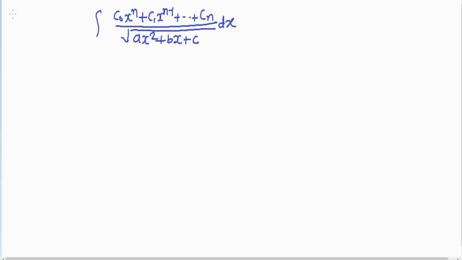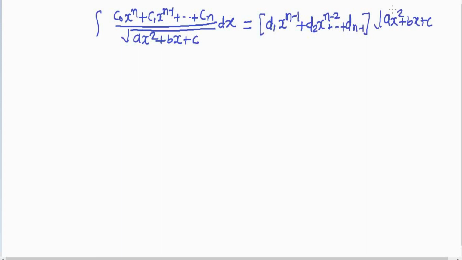Therefore, the technique is that we write this expression as (d0 x^(n-1) + d1 x^(n-2) + ... + d(n-1)) into the square root of ax² + bx + c, plus dn into the integration of dx divided by the square root of ax² + bx + c.